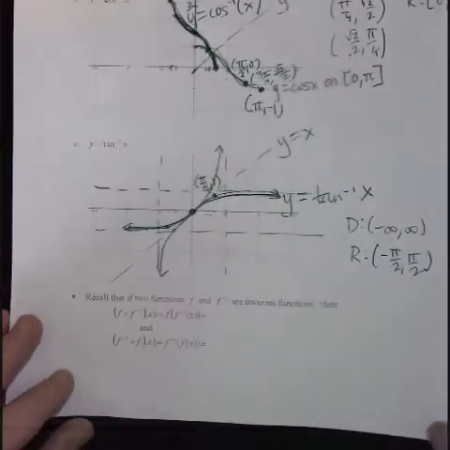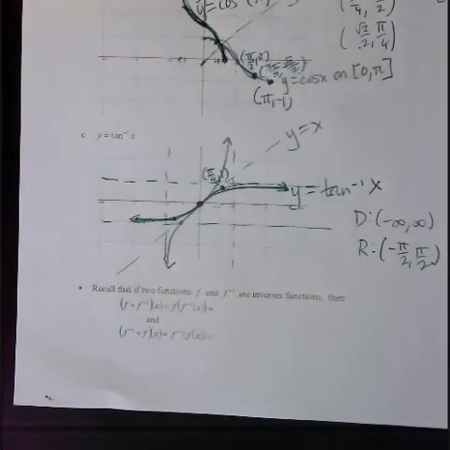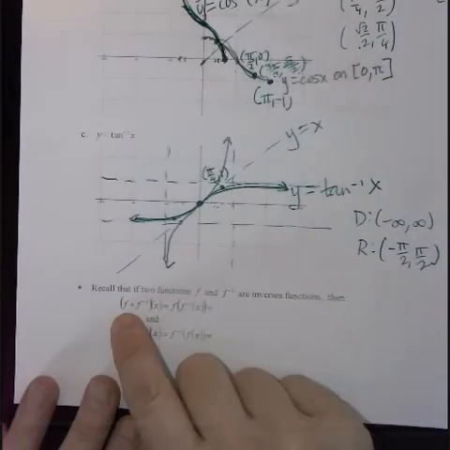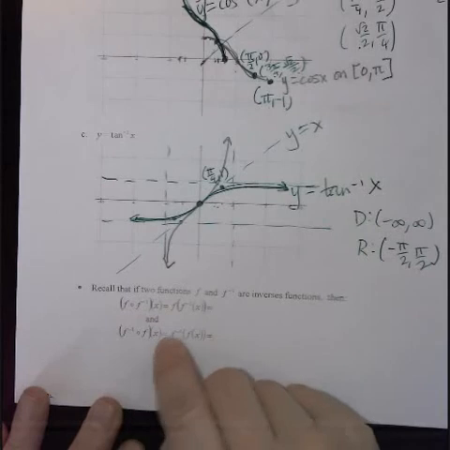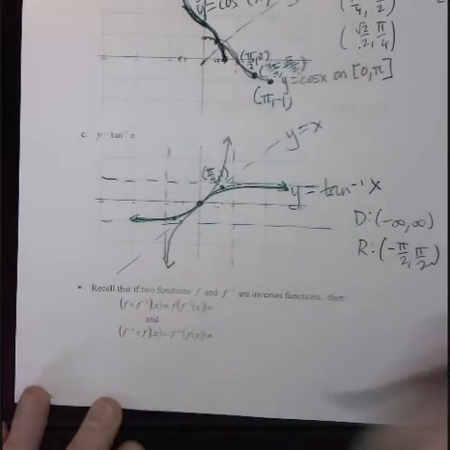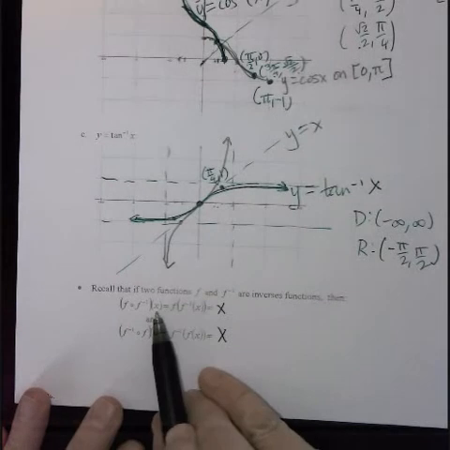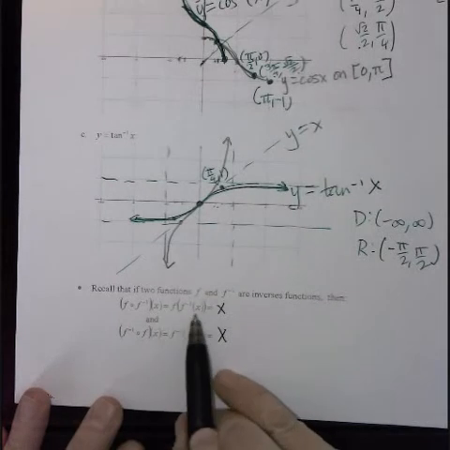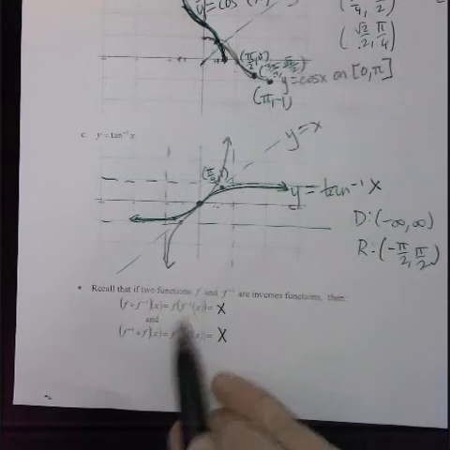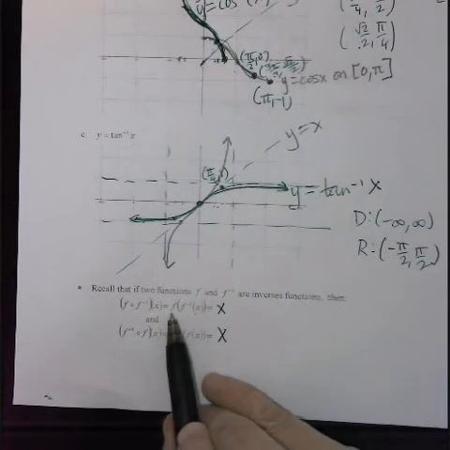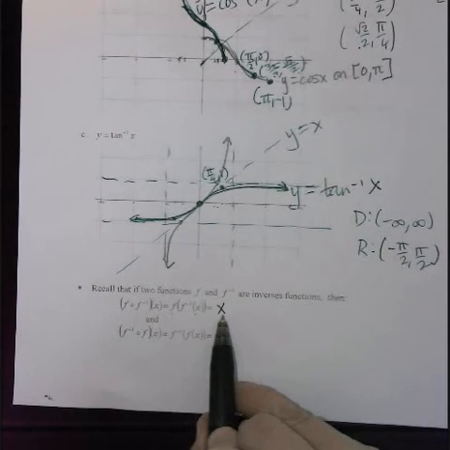Now we're going to look at the inverse properties, and these properties, again, they go back to something we learned about inverse functions back in college algebra. And that is, if you compose two inverse functions, they undo each other, and you should get back to where you started. So if your input was x, you plug it into f inverse, it does its operation, you get an output, you plug that output into f, it does its operations, it's going to spit out x, which is where you started, right?